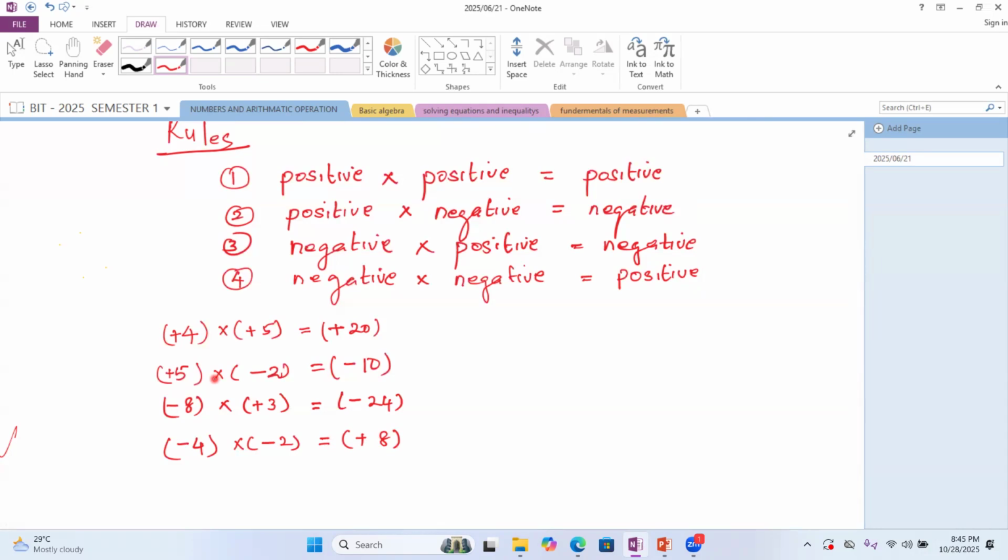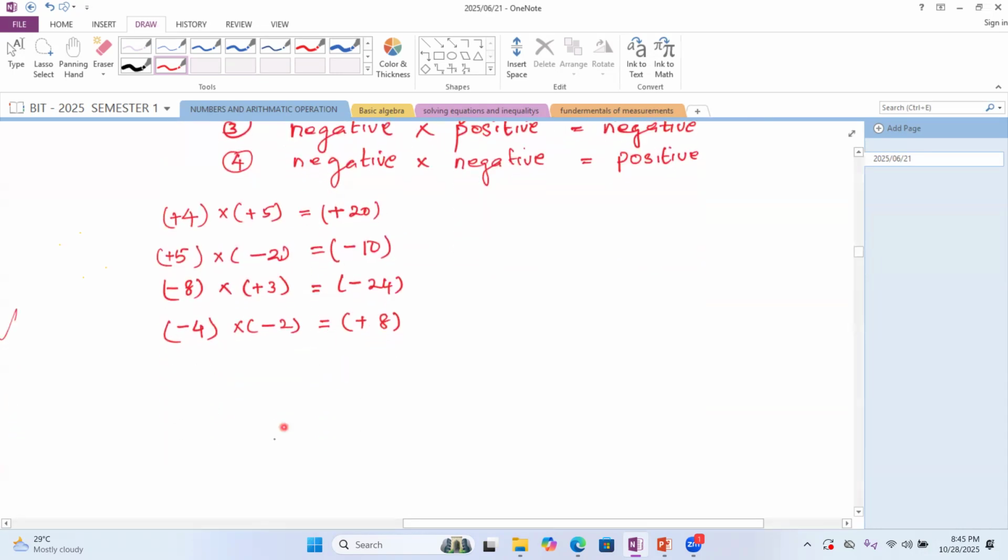So how can we find the value of minus 2 multiplied by plus 3 multiplied by minus 5, again multiplied by minus 4? First we do the first two numbers. Negative, then positive.